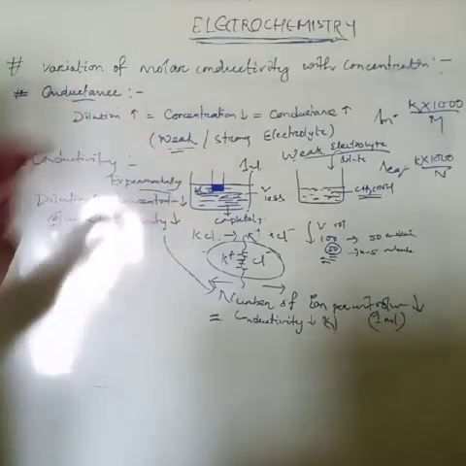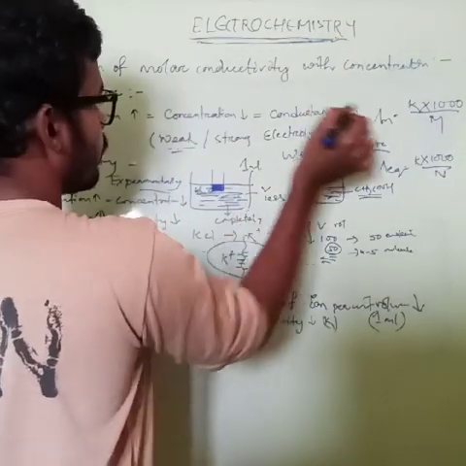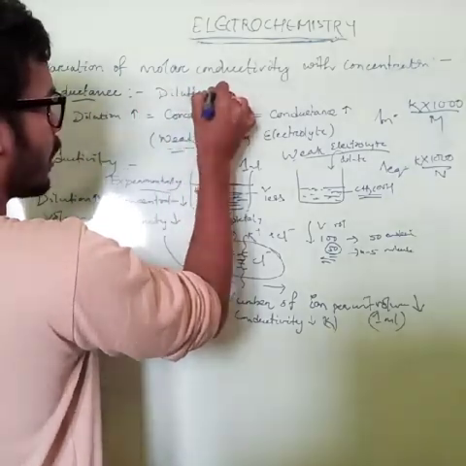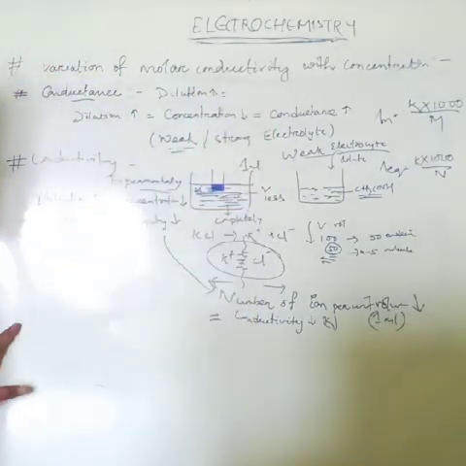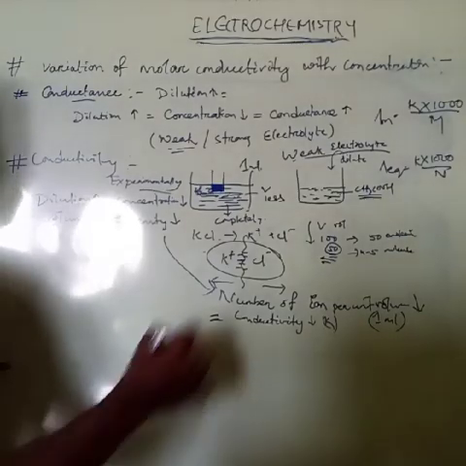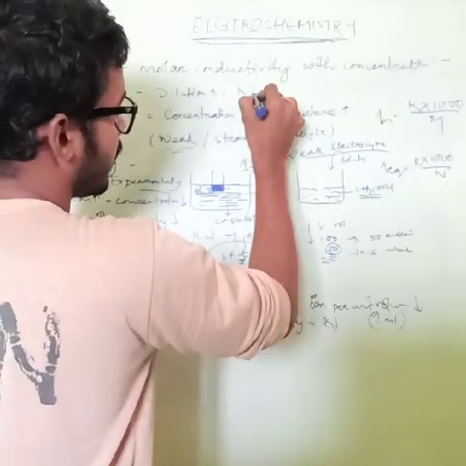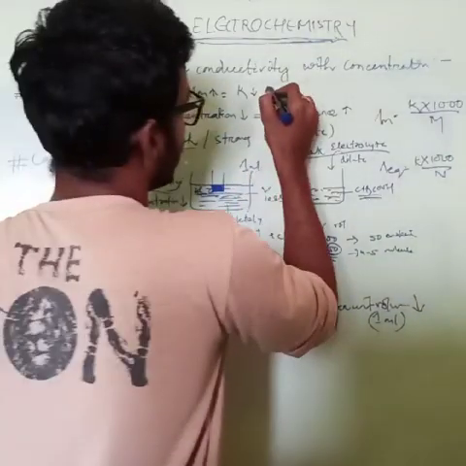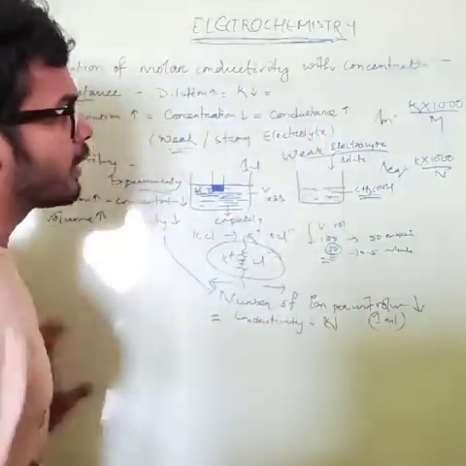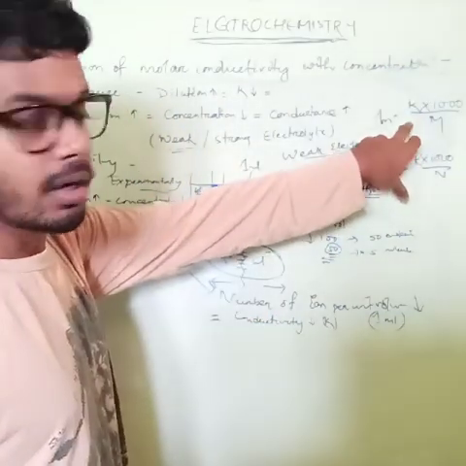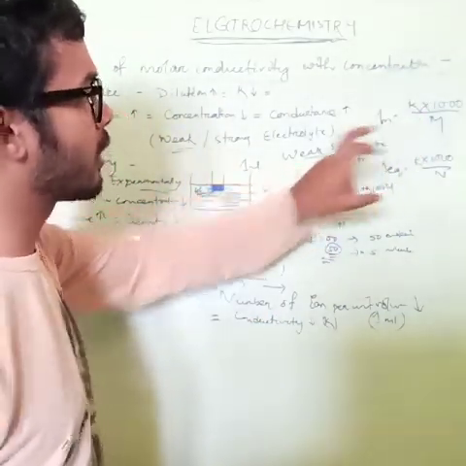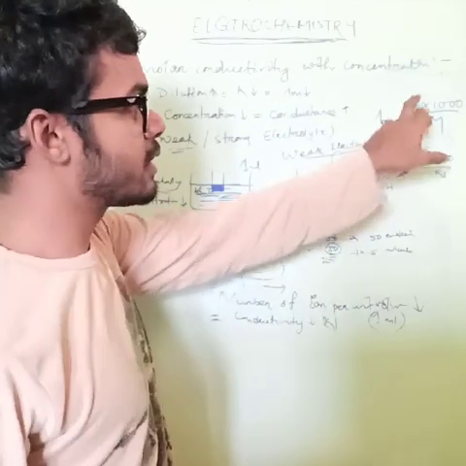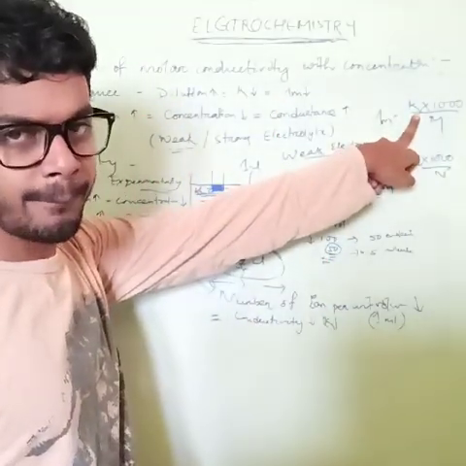So consider that in case of molar conductance, suppose you are increasing dilution, the conductivity decreases. As conductivity kappa decreases, the molar conductance value will decrease, because it is directly proportional to kappa.